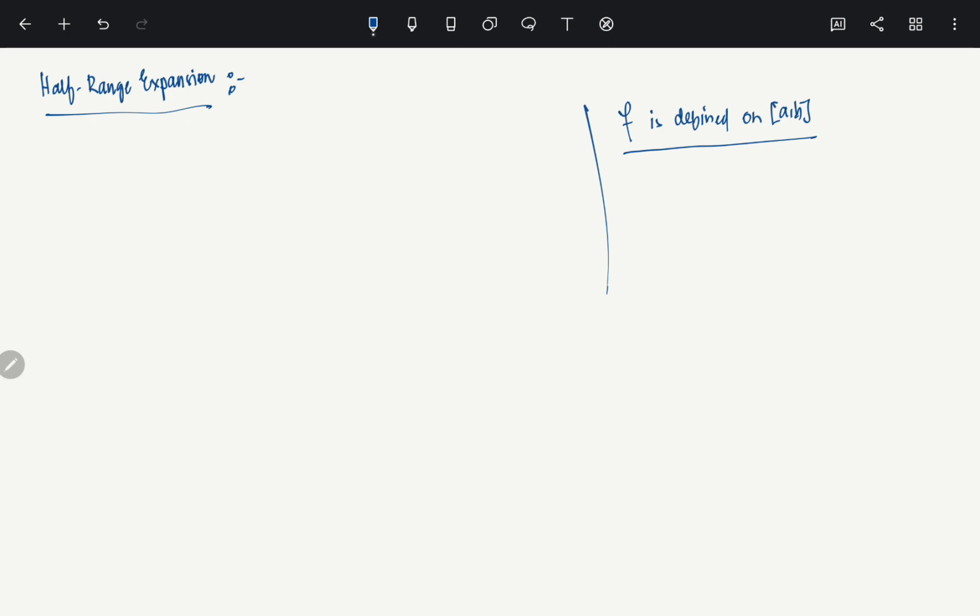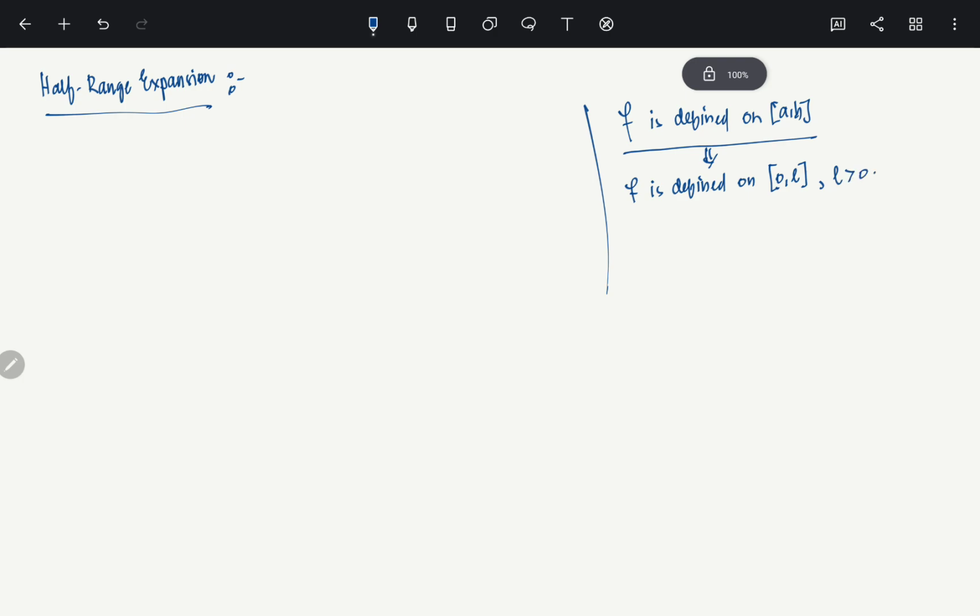Now let's say you have this change, and f is defined on [0, L] for some L. L can be positive, it can be negative, doesn't matter. For now, assume L is positive.